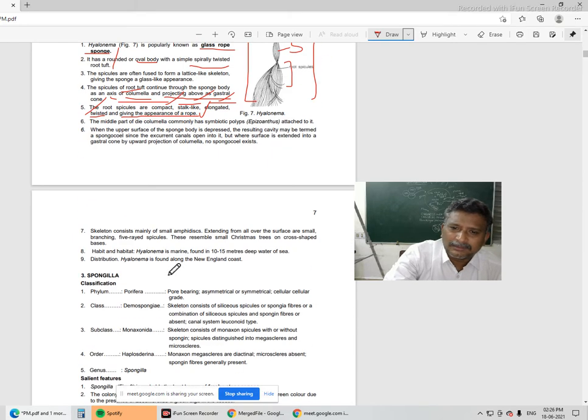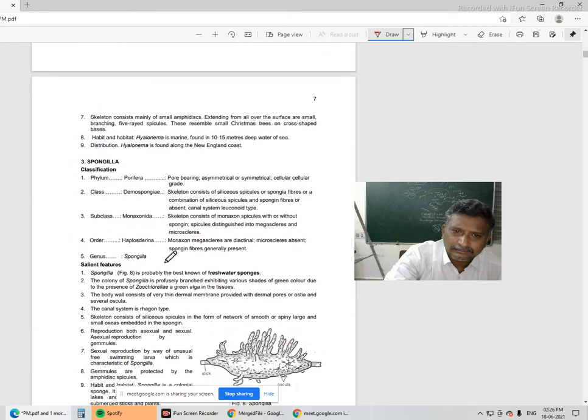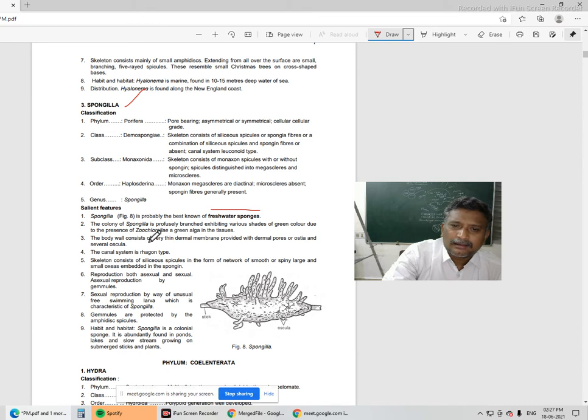Up to that it is over. Now Spongilla, can anybody say its importance? It is the only organism that lives in fresh water, so it is a freshwater sponge. Spongilla is profusely branched, exhibiting various shades of green color due to the presence of zoochlorella or green algae in the tissue.